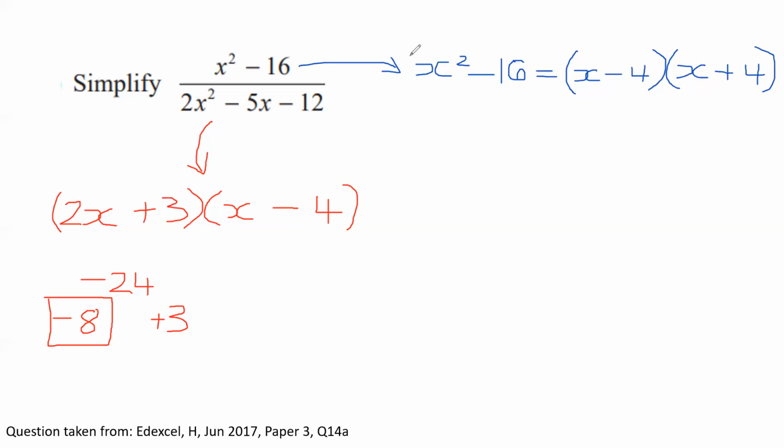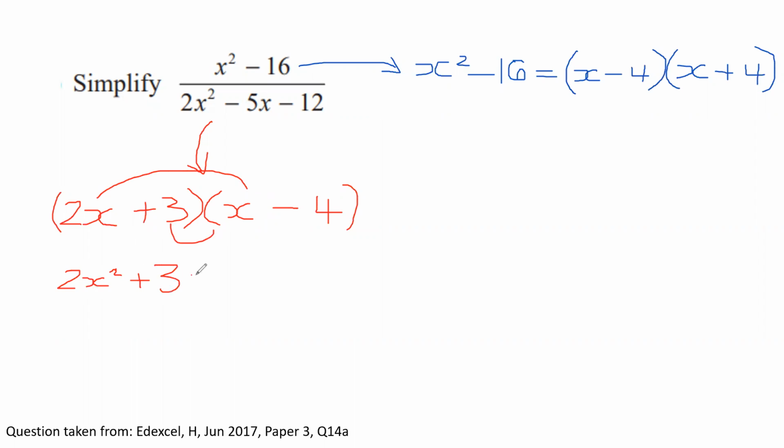As I was saying before, I always think it's important, once we've factorized it into brackets, to stop and check that we have done that step correctly. So if we expand it, we get 2x squared plus 3x minus 8x minus 12.